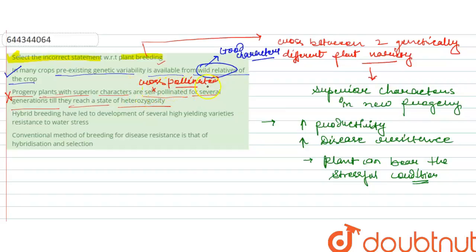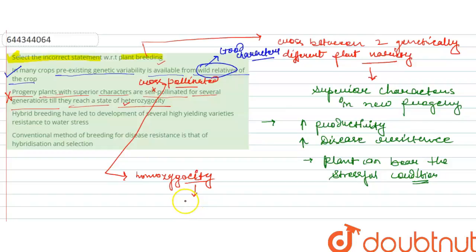For plant breeding we have to do cross-pollination, not self-pollination, because if self-pollination happens, we do not get heterozygosity. If self-pollination is done, homozygosity will be there, and in homozygosity the variation is not present.